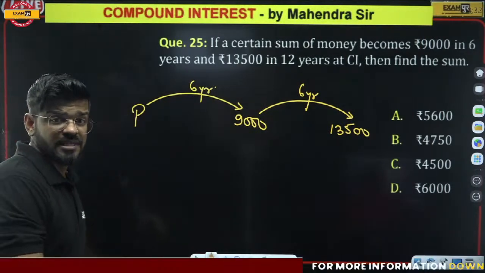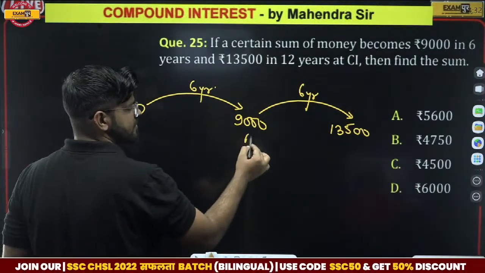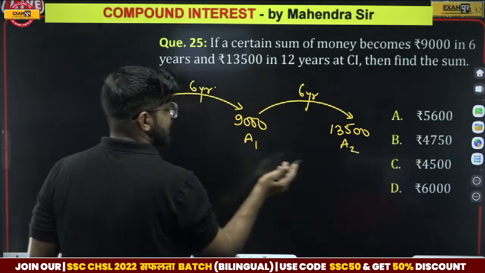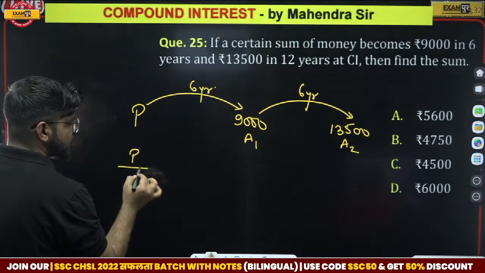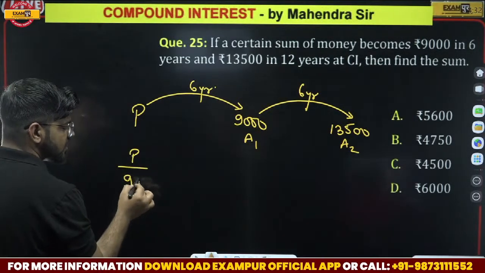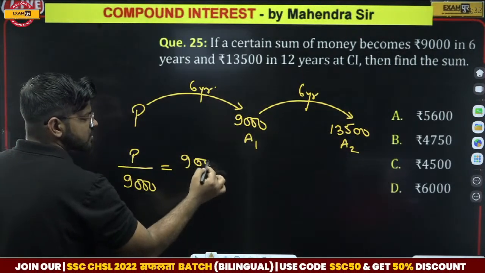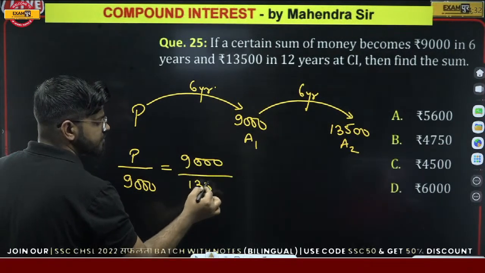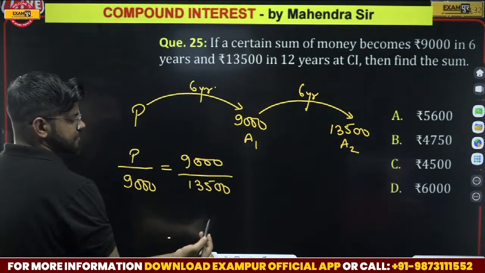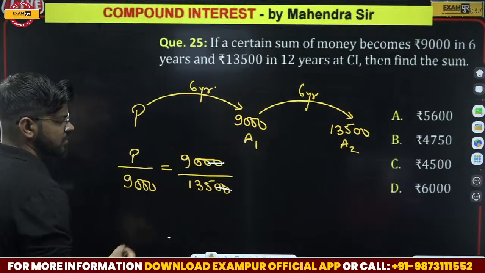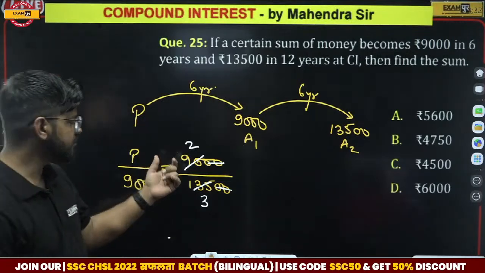And I just told you that if it is in this pattern, if this is A1 and this is A2, then this ratio is equal to this ratio. That means P upon A1, A1 means 9000, is equal to A1 upon A2. That means 9000 upon 13,500. Clear? Now solve and tell me the answer. 20 cancelled out. 45 2s are, 45 3s are.